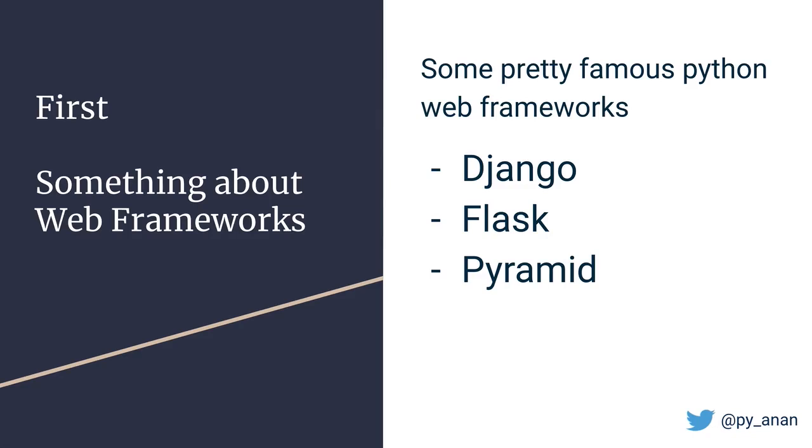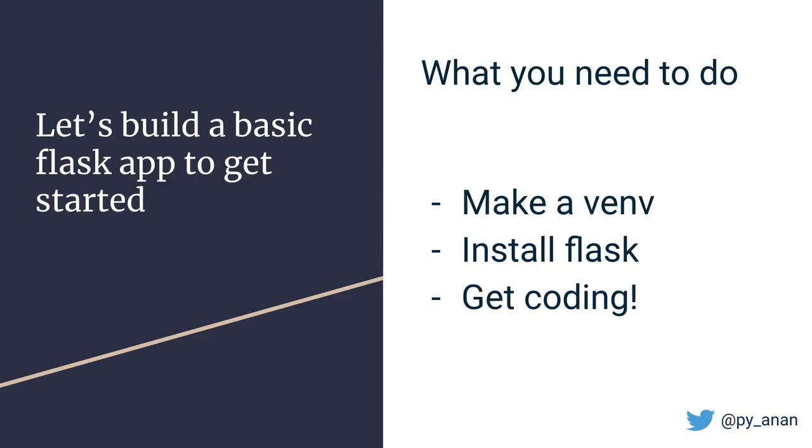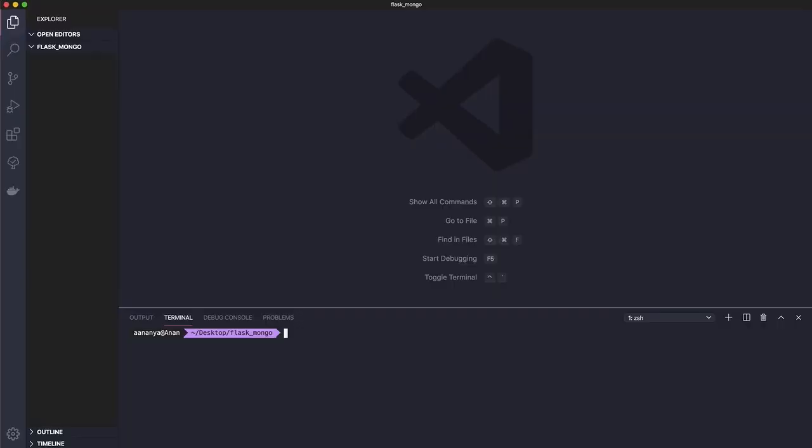Okay, so let's look at how to build a basic Flask app to get started. So what do we need to do? Let's start by making a virtual environment, and let's install Flask and then get coding with our first hello world sort of application for Flask. So before we begin, I would like to tell you that this is Visual Studio Code, and you could use any IDE that supports Python.